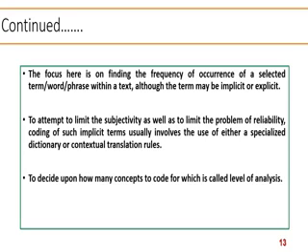So there should be a particular set of rules which shall determine what the meanings of the word should be taken, whether the meaning of the word should be taken at the face value, or there are some internal meaning which actually is related to these words, to decide upon how many concepts to code for, which level of analysis.